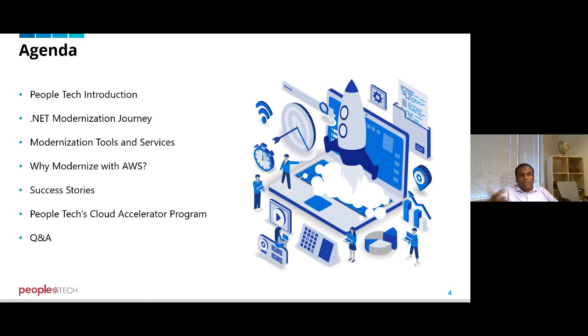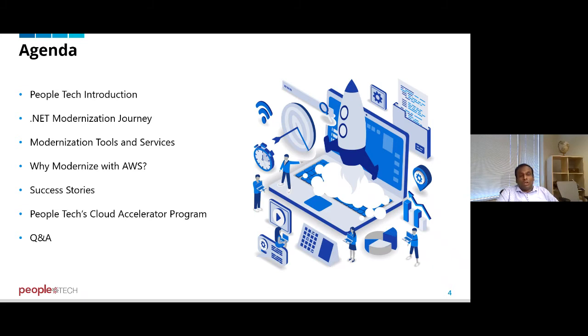My colleague Abdel will chime in and explain a little bit more in detail on that side. Once we're done with that, we will bring in Jegadesh, the AWS solutions architect, and he will talk about why we should consider AWS as a cloud platform to modernize your .NET applications. Then we'll talk through some success stories, how this was done successfully for other customers.